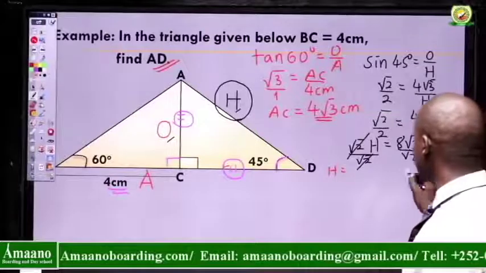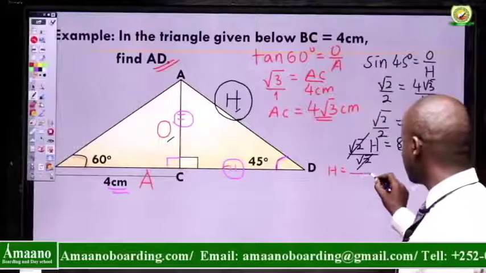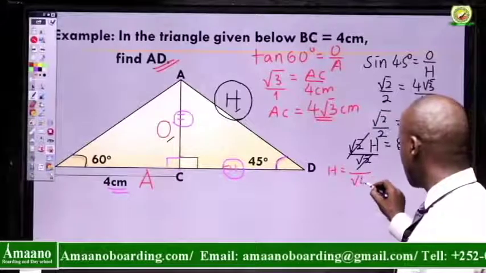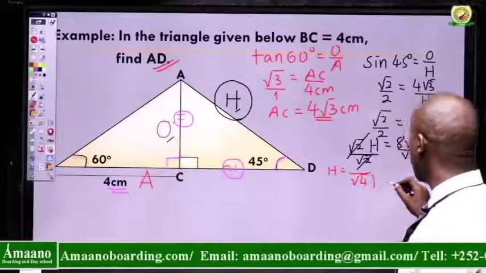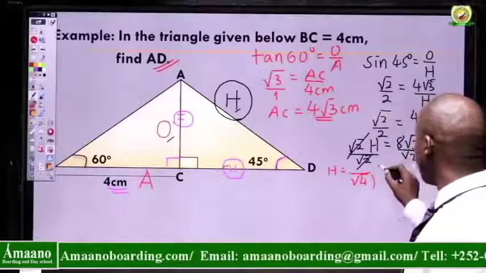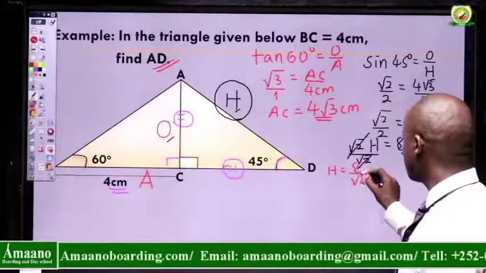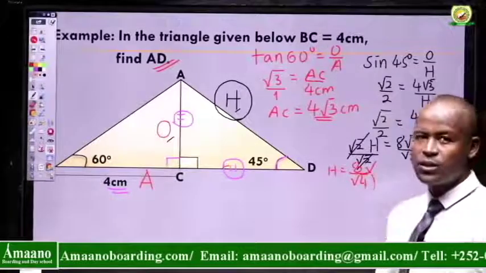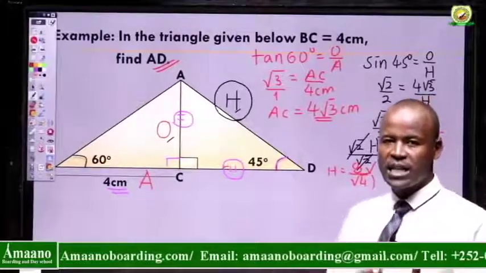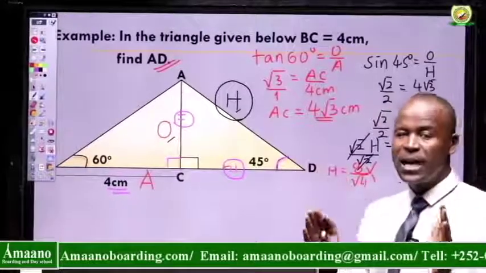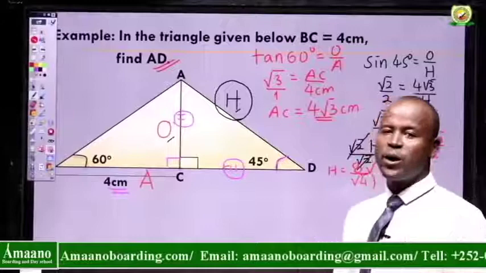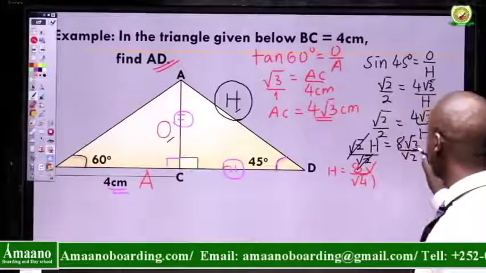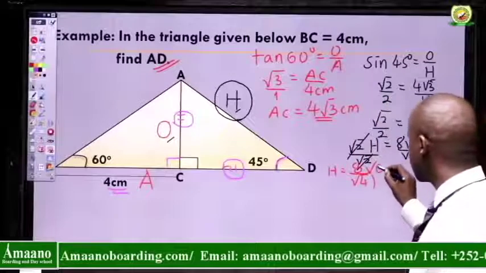Square root of 2 times square root of 2 is the square root of 4. For the numerator, we have 8 times, what is radical 3 times radical 2? Square root of 2 times square root of 3 is square root of 6. We multiply the numbers under the same radical, so 3 times 2 is 6.